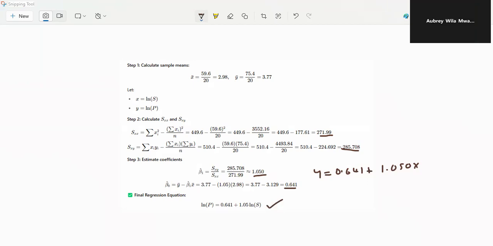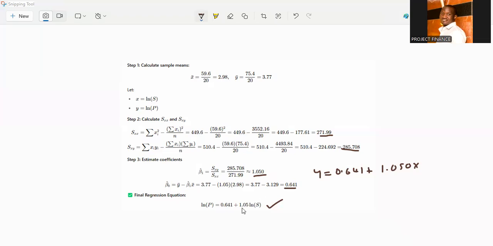So the interpretation of that one is that a 1% increase in living space is associated with a 1.05% increase in price, on average.